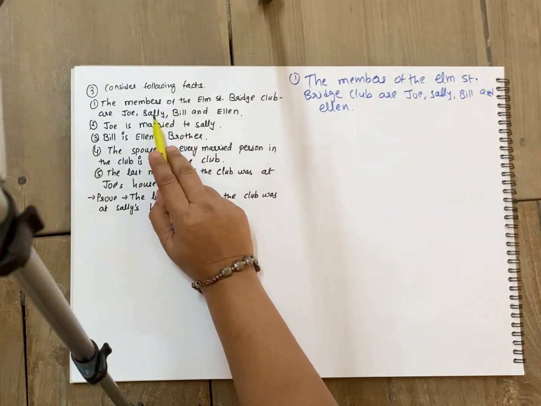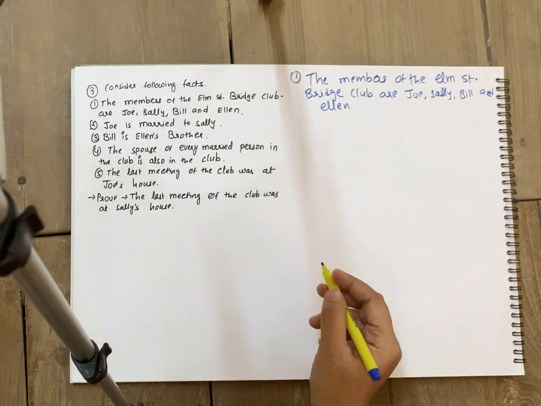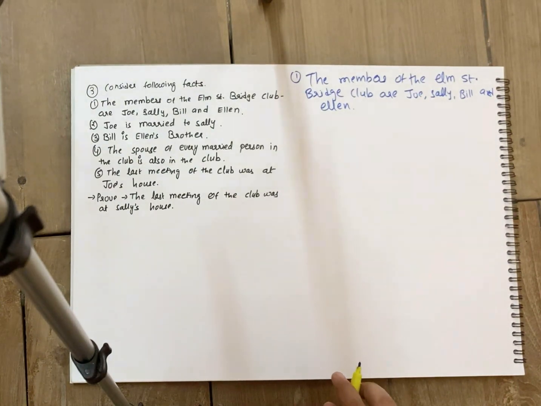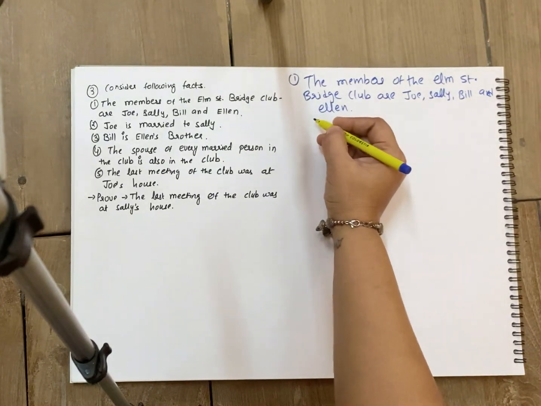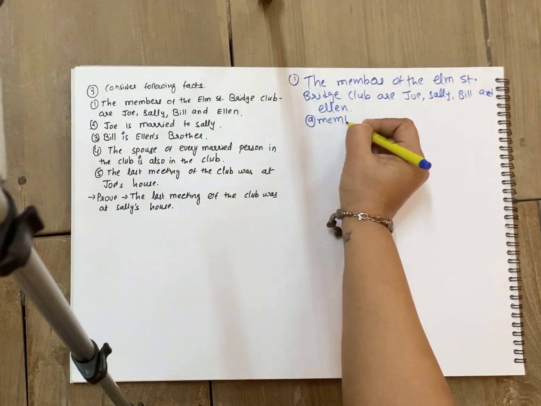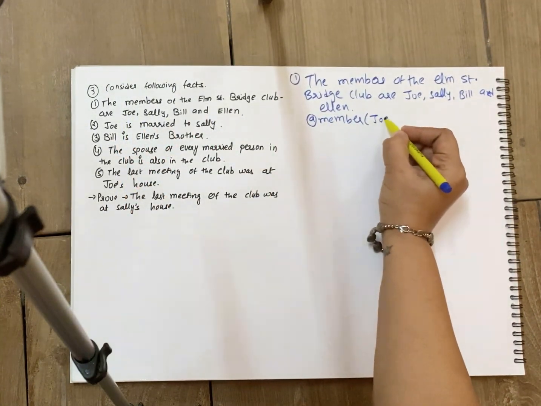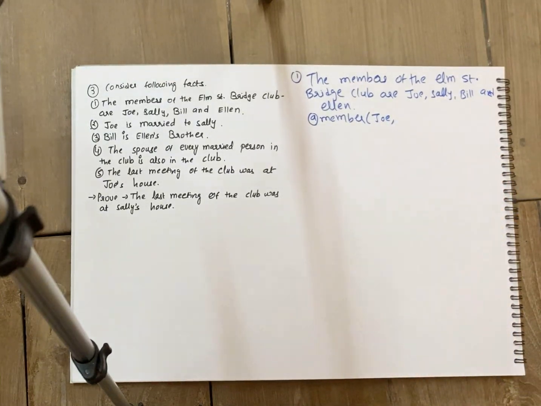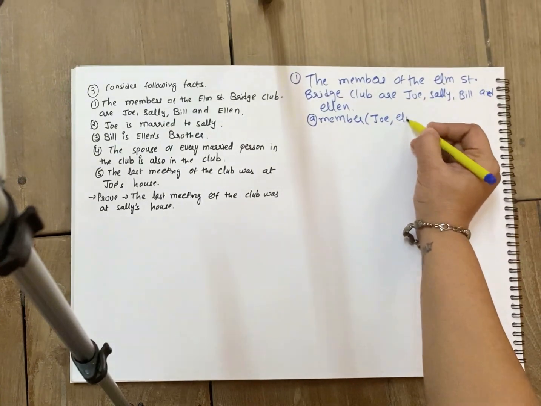Joe is a member, Sally is a member, Bill is a member and Ellen is a member. So we are going to make four different predicates out of one. Okay, so we may write it like, say, member. First name is Joe. So Joe, comma. In place of writing the entire name ELM St. Bridge, let us write ELM only.